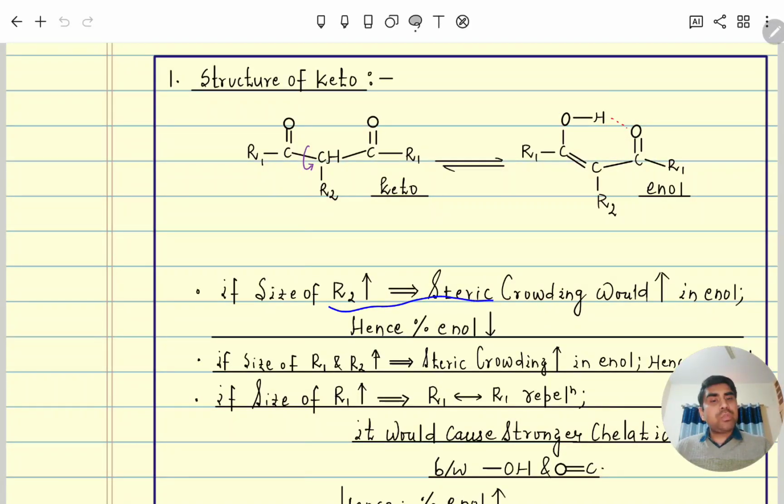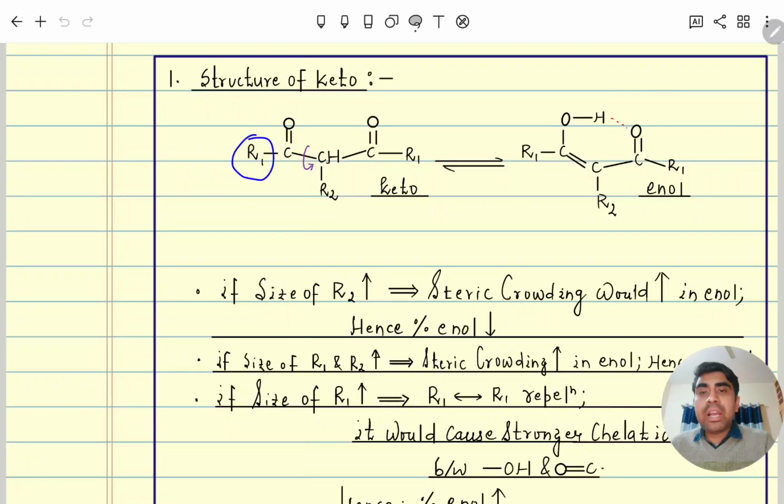If R2 size is more, steric crowding will increase and enol percentage will decrease. It will start rotating, and overall enol will not be that effective. So not always in 1,3 diketo will enol percentage be more. No, if R2 size is more, then enol percentage will be less.